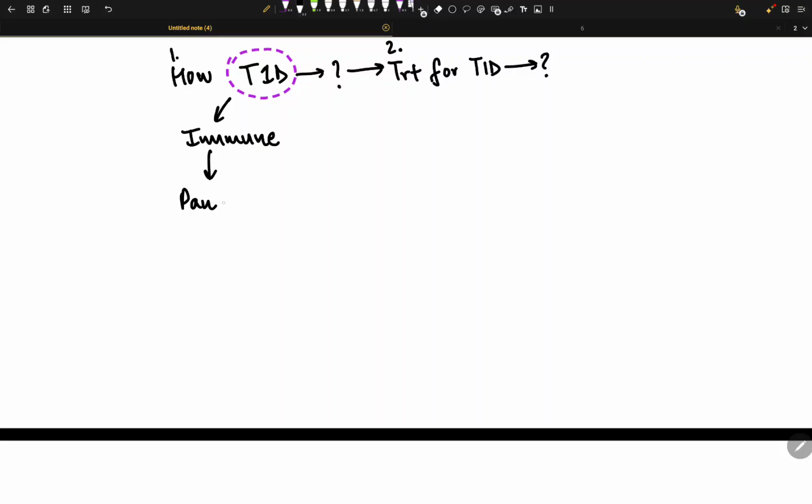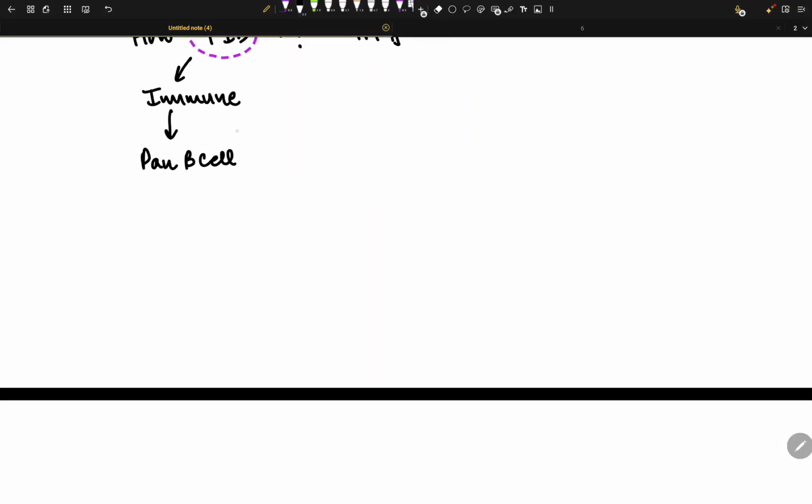Pancreatic beta cells. And where are these pancreatic beta cells? They are in the islets of Langerhans. We want to know that. So pancreas, then islets of Langerhans and beta cells and then insulin.